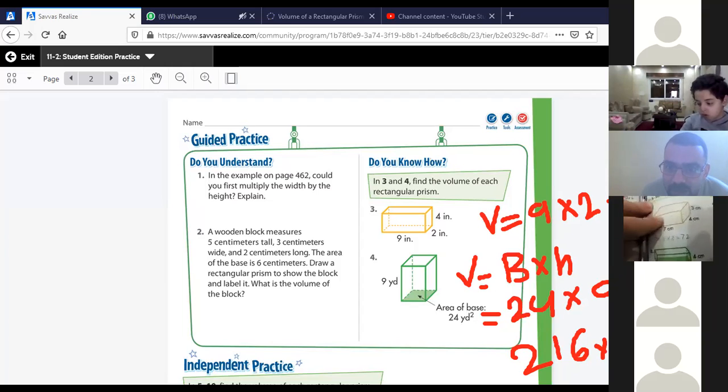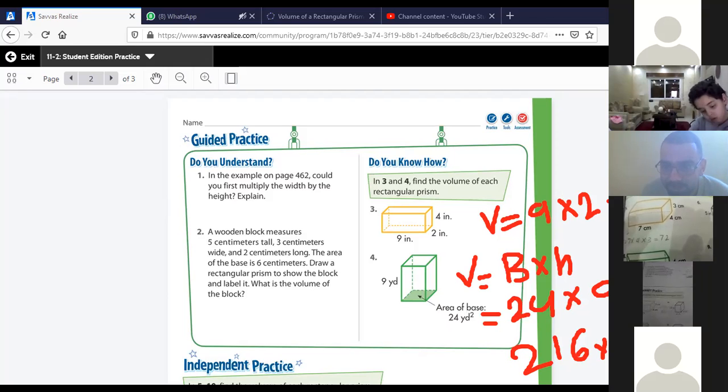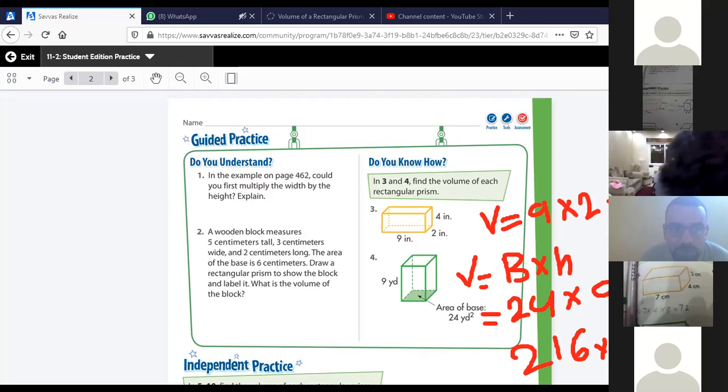Rimas, now Rimas, 7 times 4 times 3 equals 84, yeah, Rimas. Ahmed Al-Khair, can you make it closer, please?